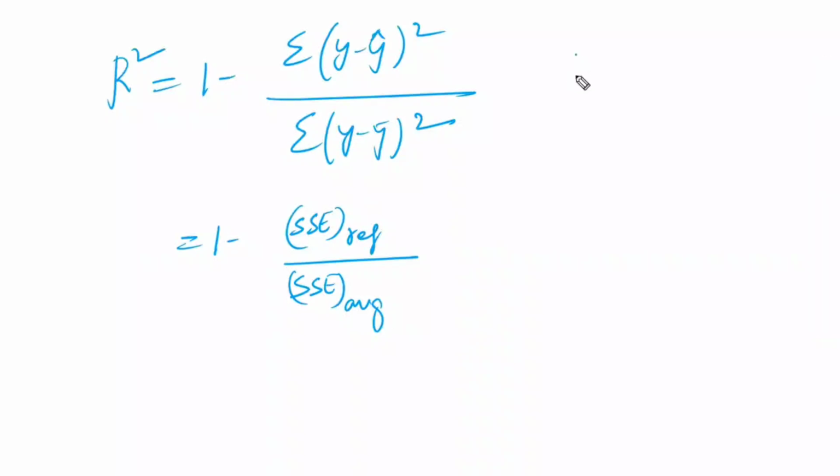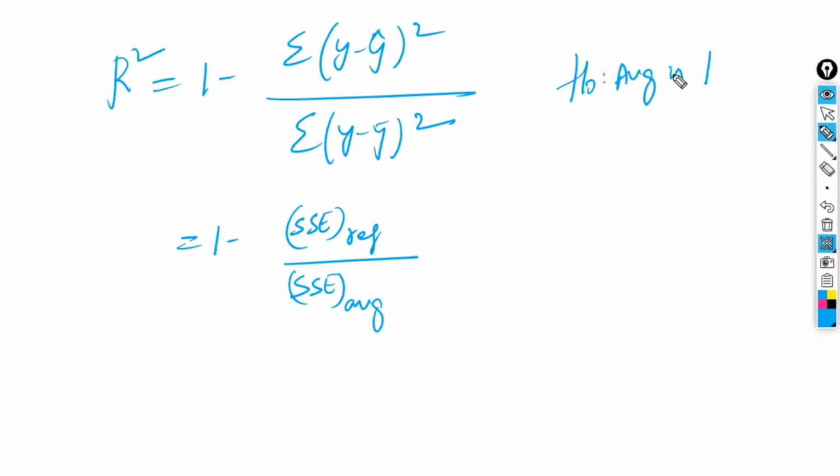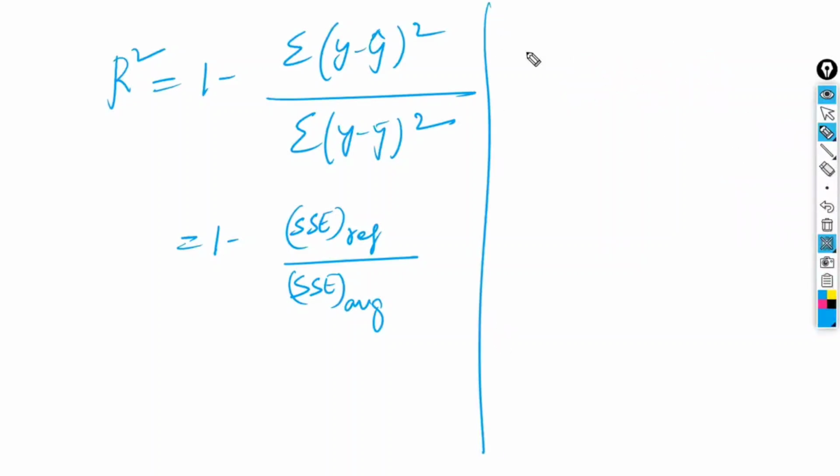The null hypothesis says that the average line is the best fit line. Before the invention of regression, they used to say the average line is the best fit.